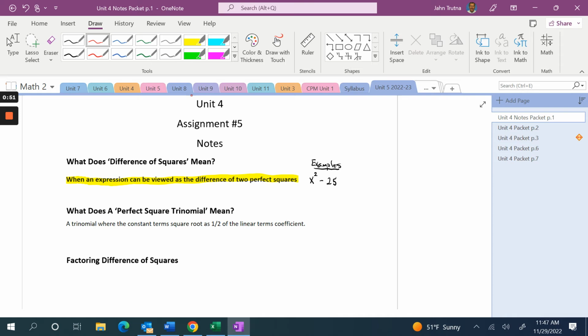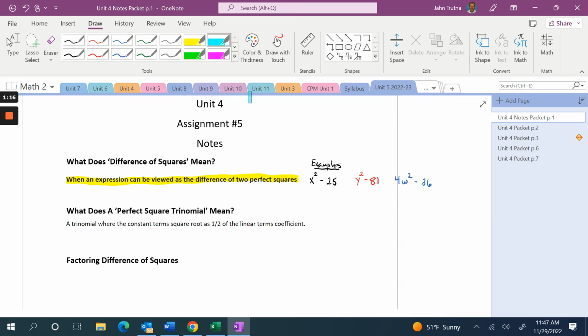Let's use a different variable than x. Y squared minus 81, that would be considered a difference of two squares. Or how about 4w squared minus 36?